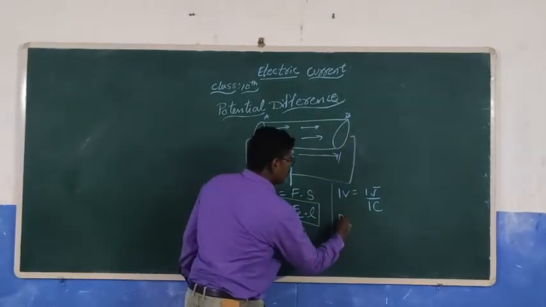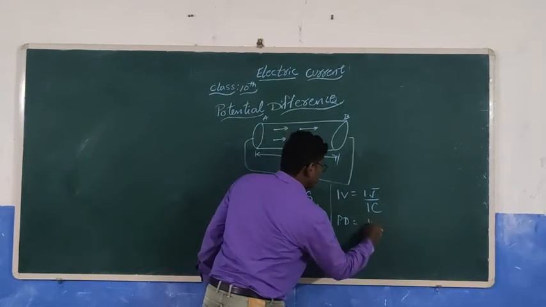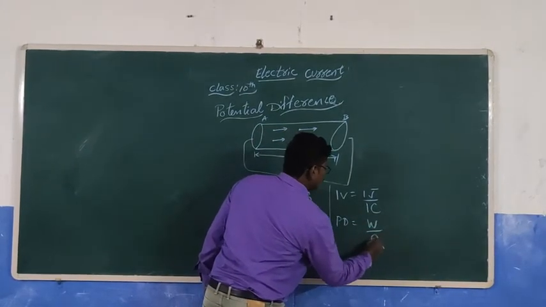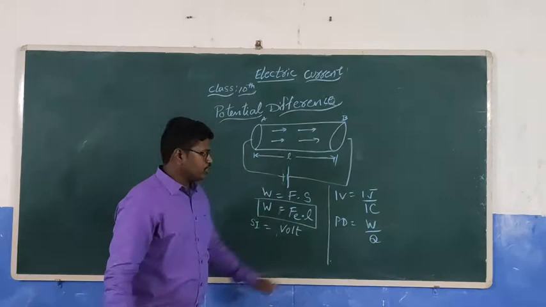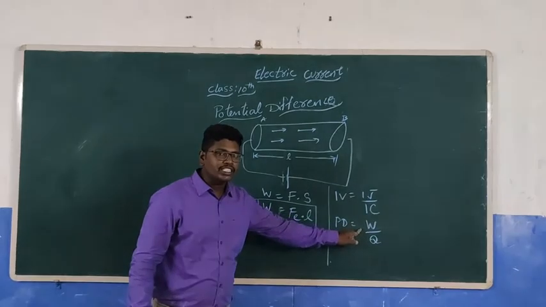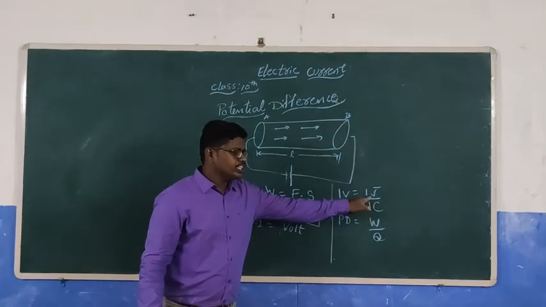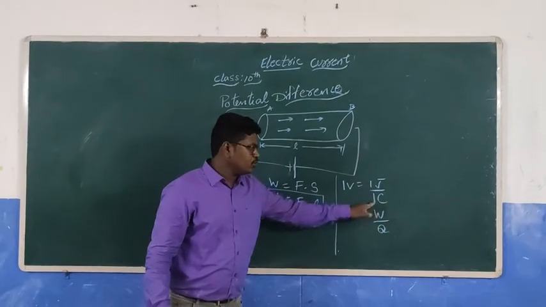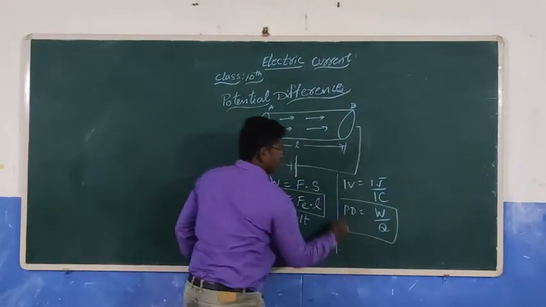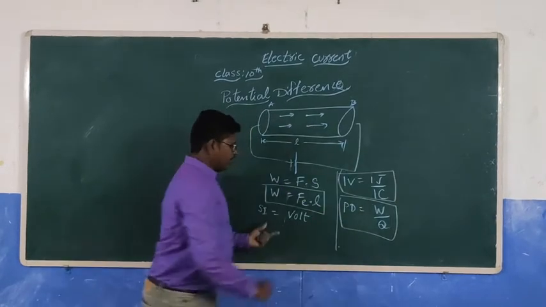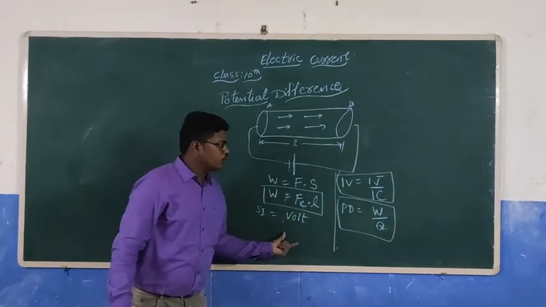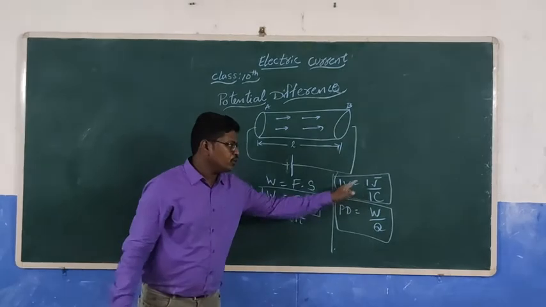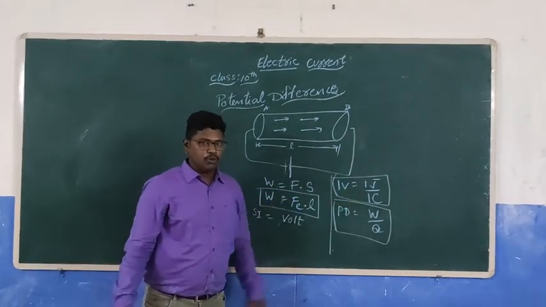That is, potential difference is W by charge. What is the SI unit of energy? Work is energy, that is joule. The SI unit of charge is coulomb. So the SI unit of potential difference is volt, that is, 1 volt equals 1 joule by 1 coulomb.